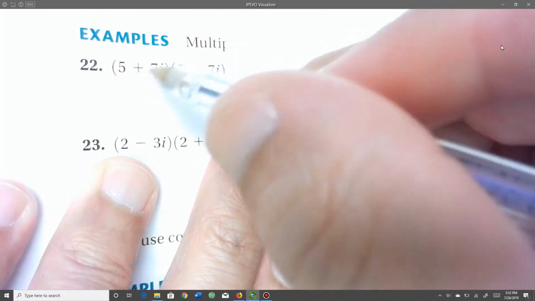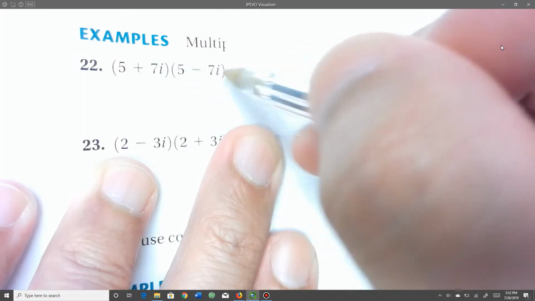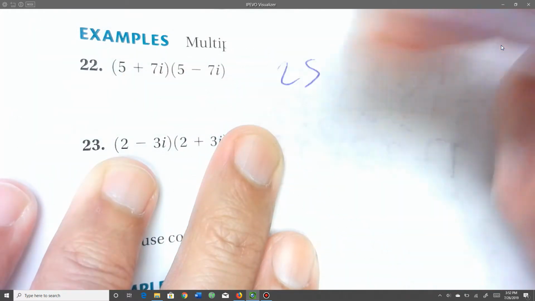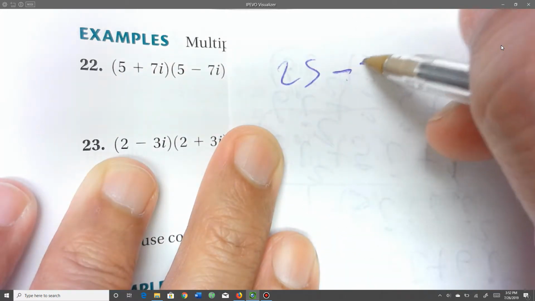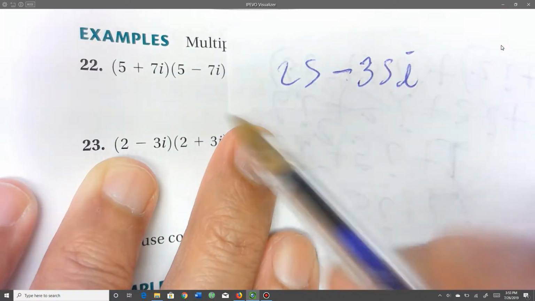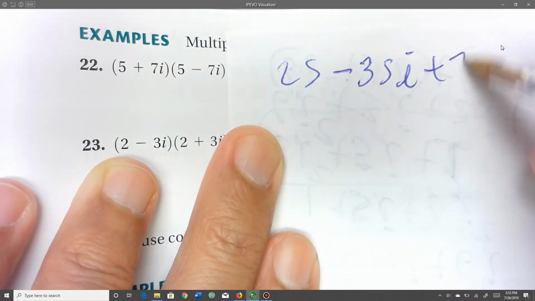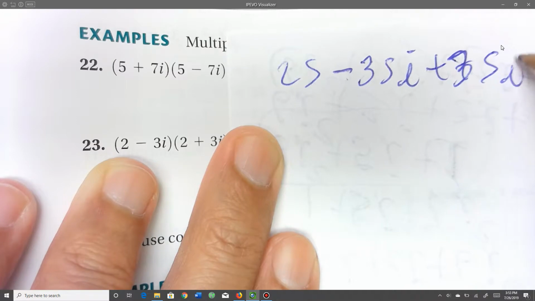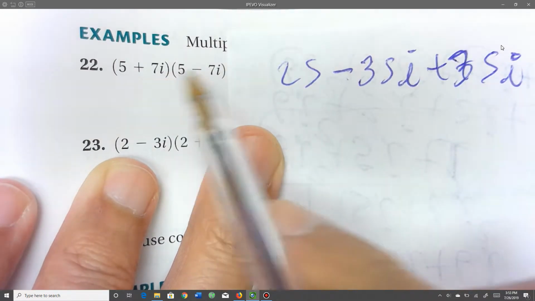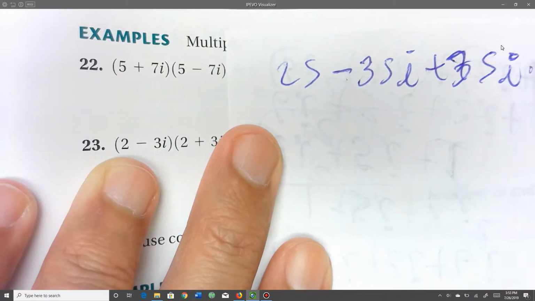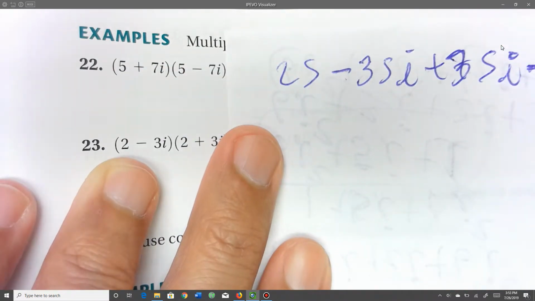We multiply 5 times all these terms, so 5 times 5 is 25. 5 times negative 7i is negative 35i. But the 7i times 5 is positive 35i, and then 7i times negative 7i is negative 49i squared.